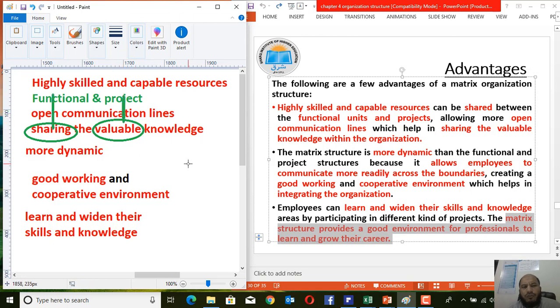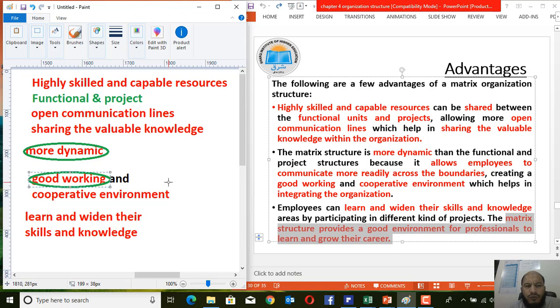It is a more dynamic structure, and by dynamic we mean that the structure provides a good working environment and cooperative conditions for employees to work for the success of the organization.